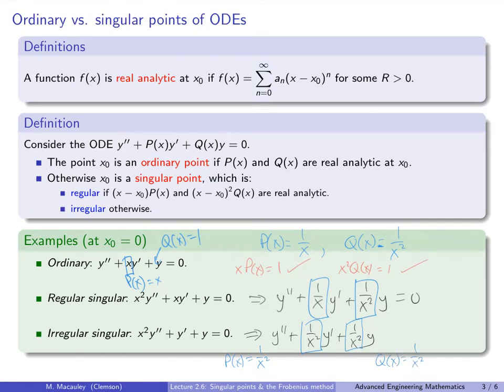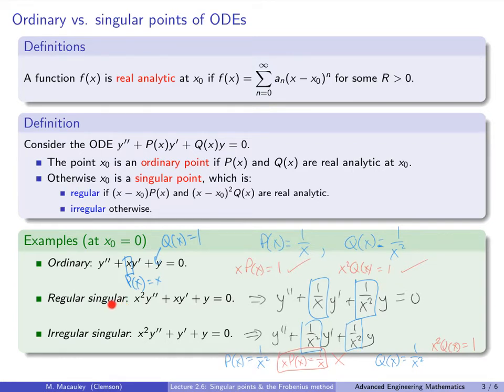Well, the next thing to do is to check x p of x. That's 1 over x. That fails. That is not defined at 0. Therefore, this is an irregular singular point. Now it turns out that x squared q of x is defined at 0. It doesn't matter. This thing breaks down. So this is an irregular singular point.